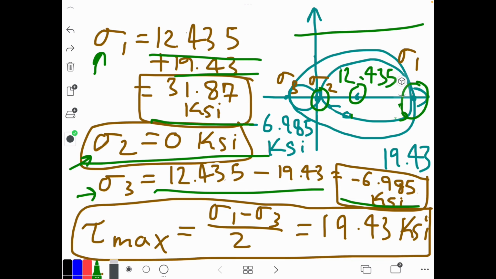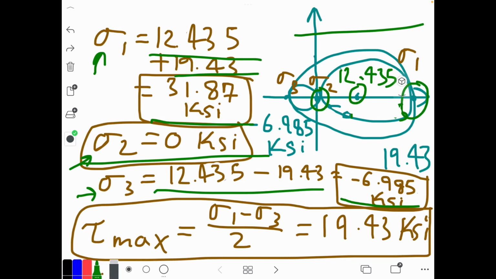If we add the radius to our center, 19.43 plus 12.435, we get 31.87. That is the largest stress we can have in a Mohr's circle, so that's our sigma 1.